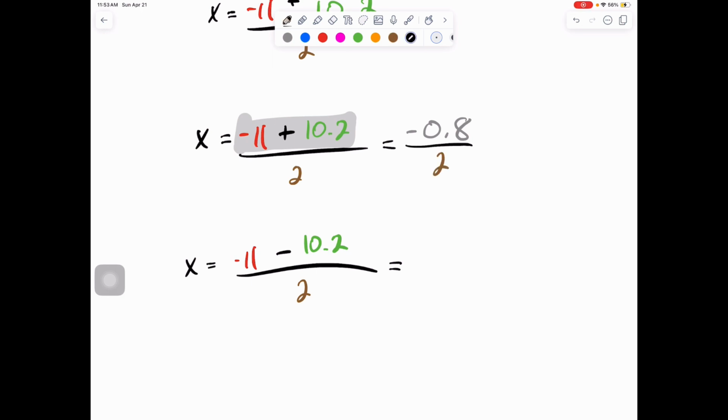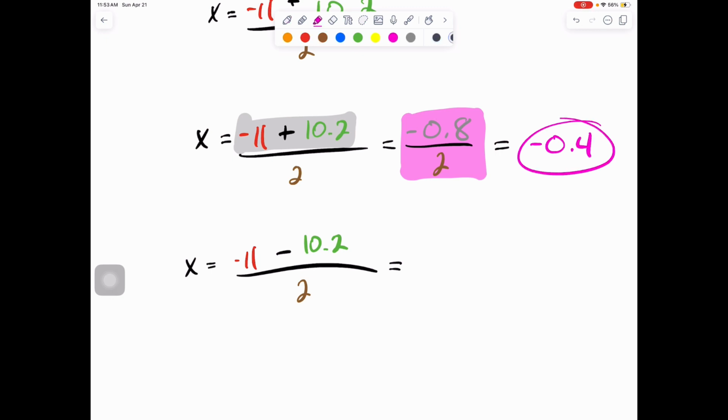All right, and then that will equal, if we put that into our calculator, we should get negative 0.4, because we're cutting that negative 0.8 in half. That will be one of your x values, and then for the next one, we will do negative 11 minus 10.2, which equals negative 21.2.